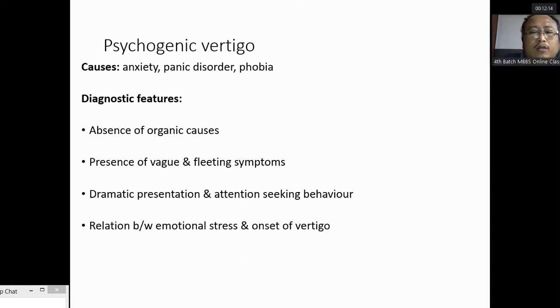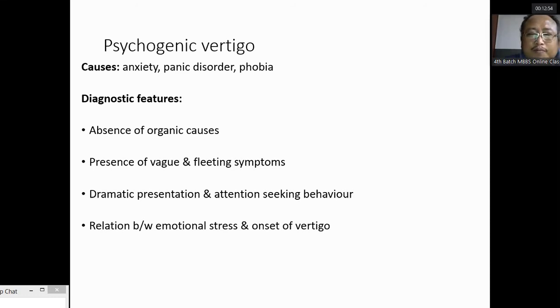All the possible diagnoses and the serious central causes should be excluded. Only then, with the help of a psychiatrist, we may term it psychogenic vertigo. It may be due to anxiety, panic disorder, any phobia. Just for example, a few years back we had a big earthquake that may also cause these types of vertigo.